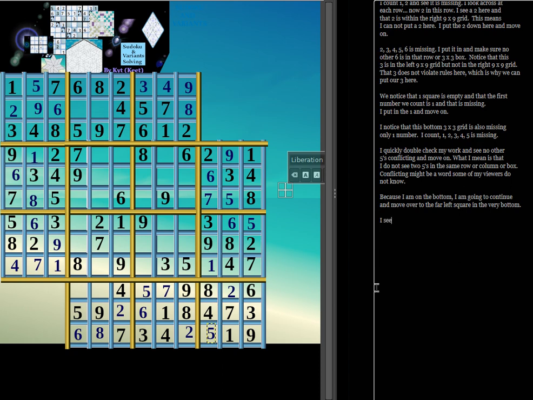I count 1 and see no 1. I look in the rows and still see no 1s.